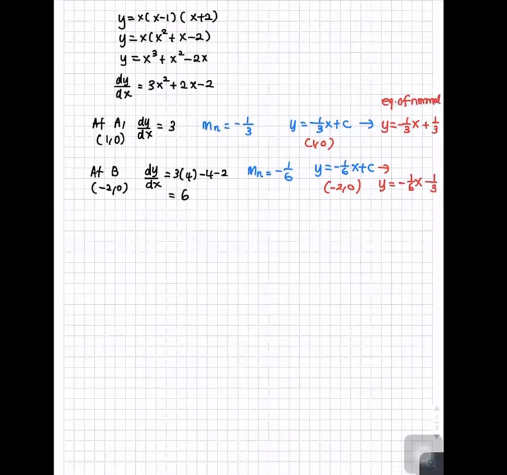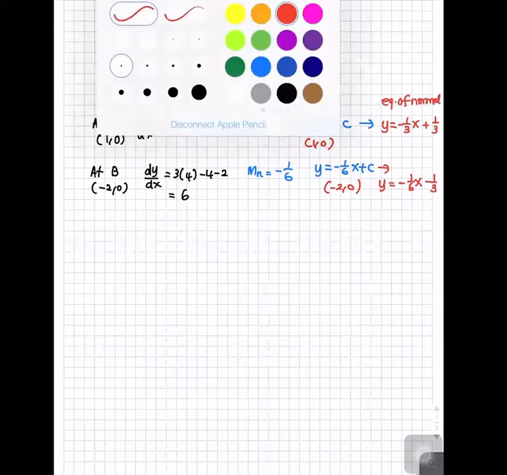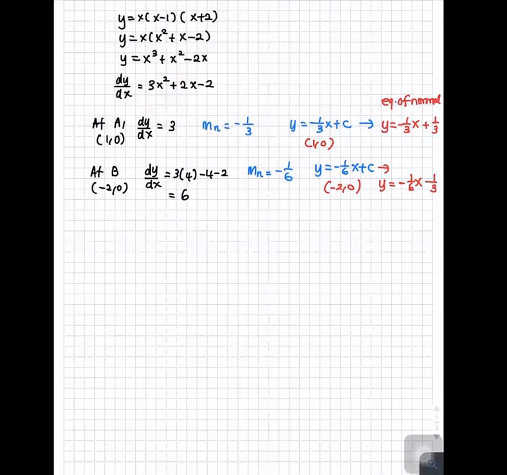Let's equate to find the coordinate C. What is the x value? Anyone want to share? 4. Therefore, your y, you need coordinate C, so you just don't leave it with the x. We need the y as well. So somebody share the y value, please.